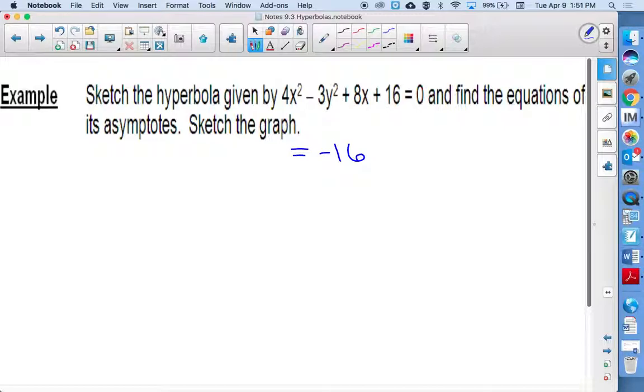Do you have to do anything with the y's? No, you just keep it. Yeah, so it's just a single y squared term. It's a negative 3y squared. There is not another y with it, so we'll just keep it there.